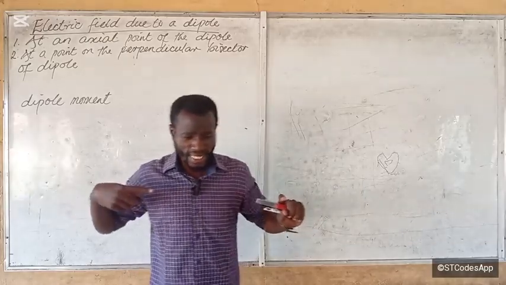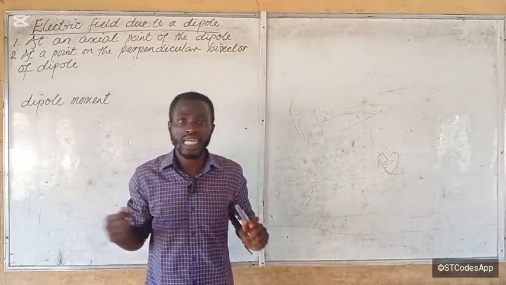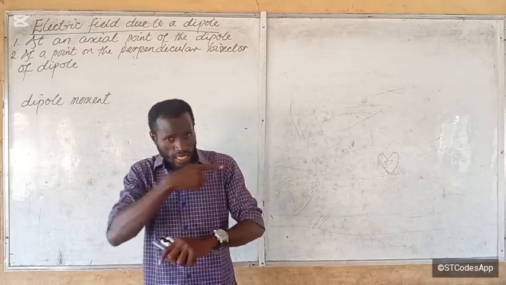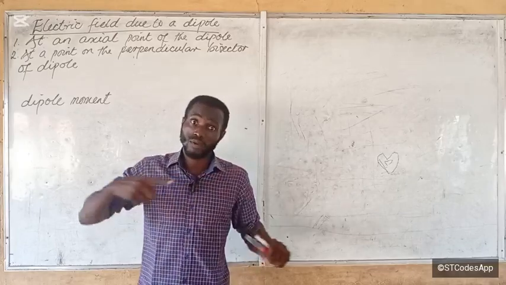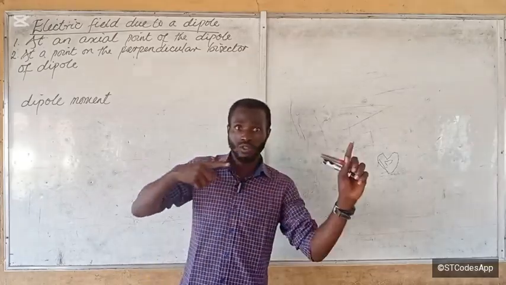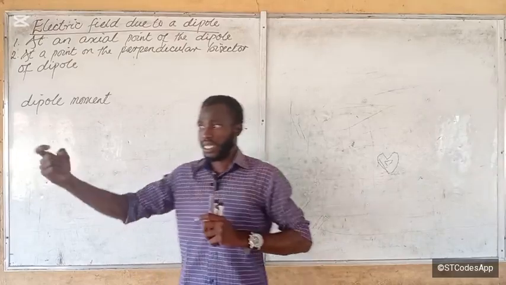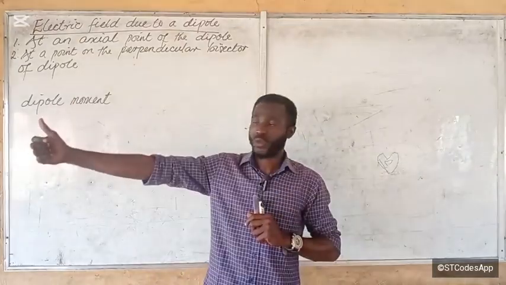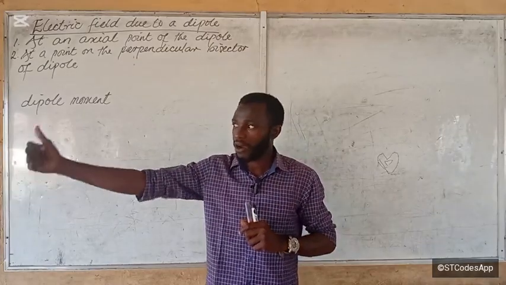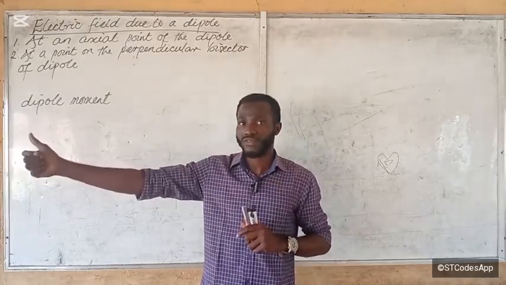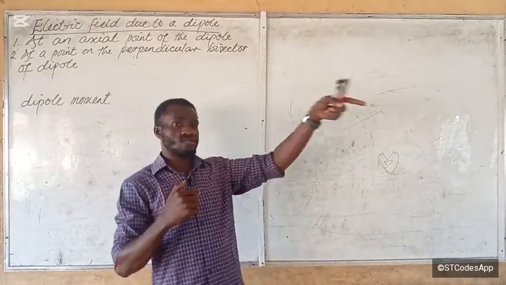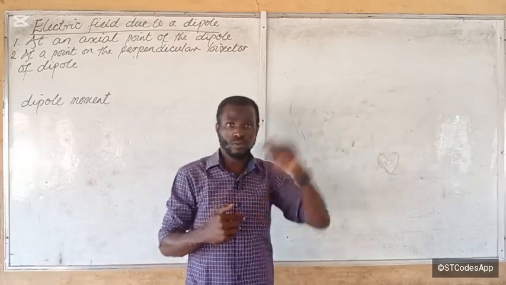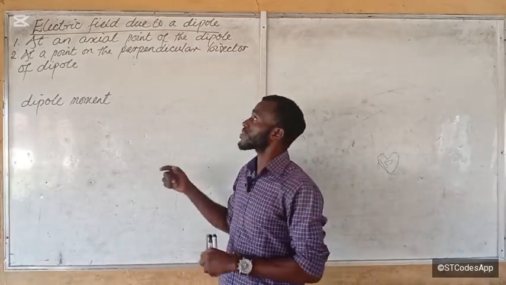That is, it is collinear with the dipoles, the line of separation of the dipole. That point where we are going to be calculating the electric field from is going to be a collinear point with the dipole, the two charges.